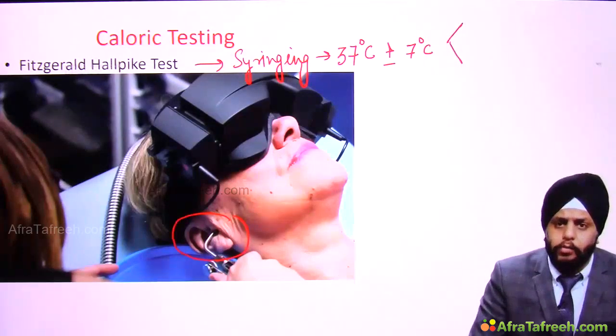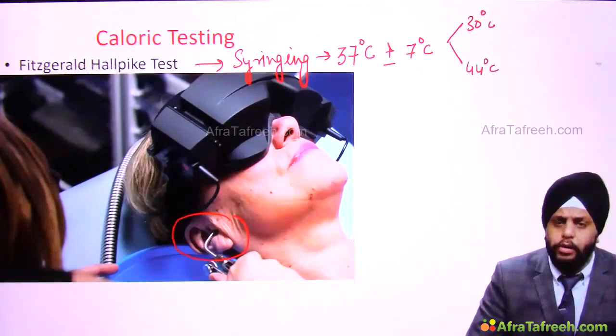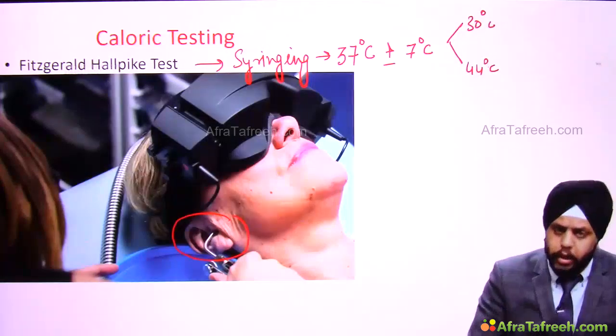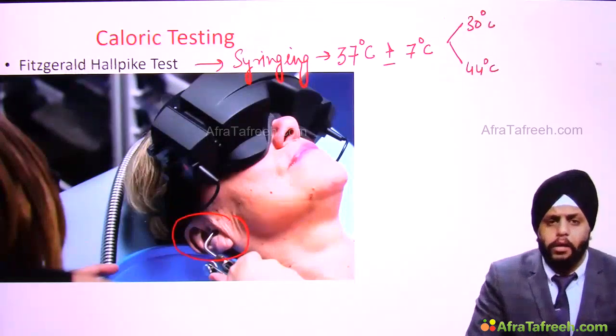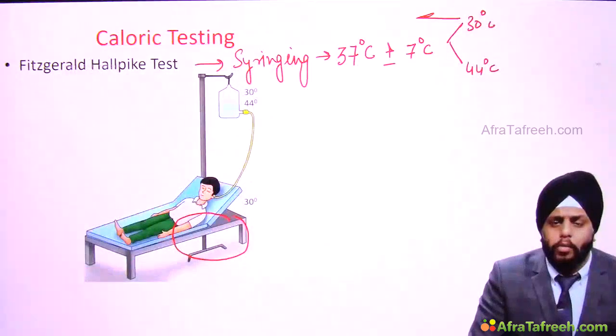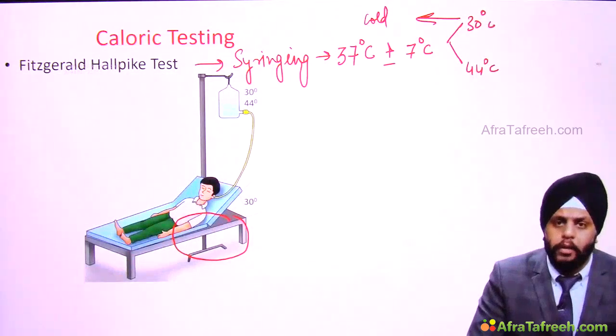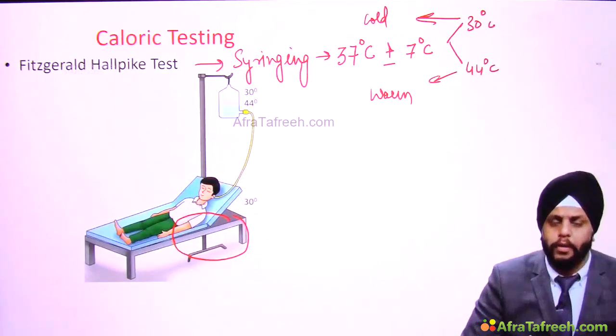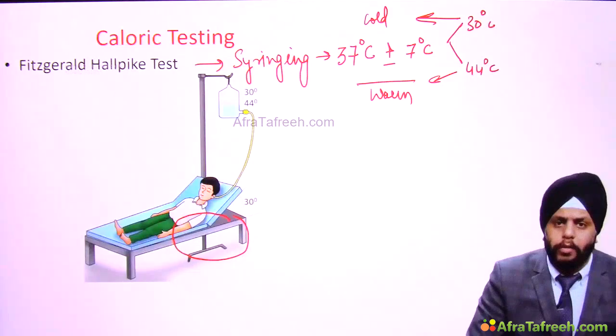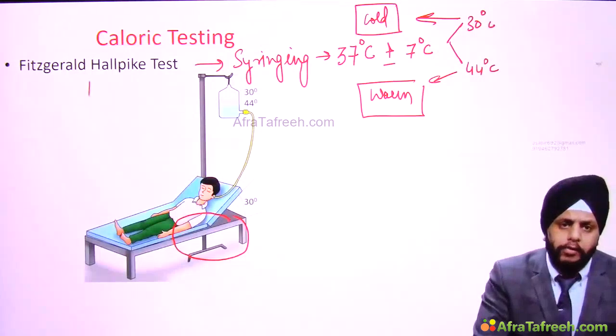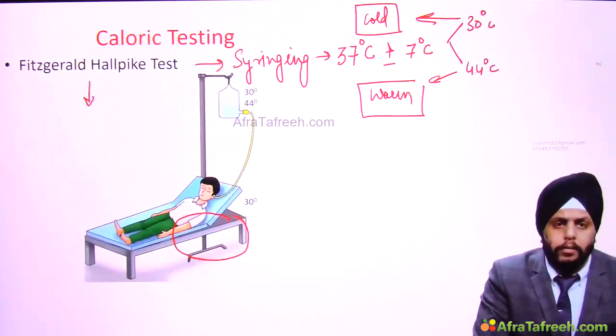That means we do syringing with 30 degrees Celsius and 44 degrees Celsius water. 30 is a cold stimulus and 44 is a warm stimulus. For the Fitzgerald-Hallpike test, the mnemonic is COWS.